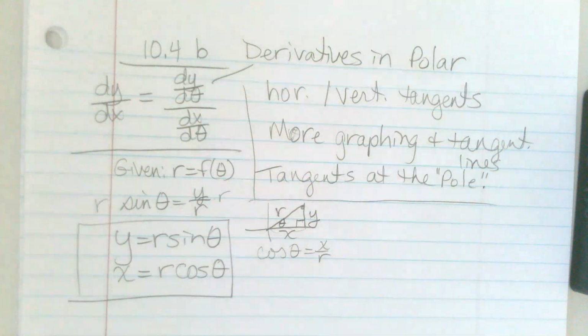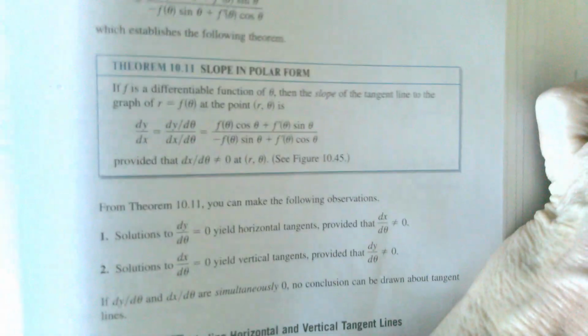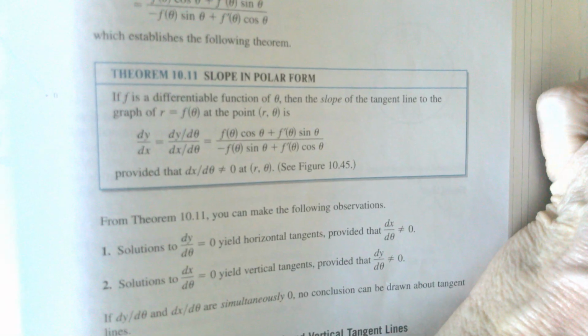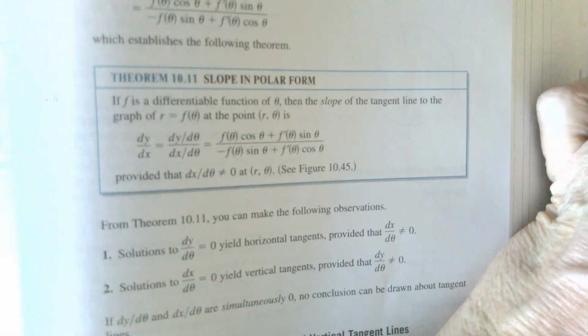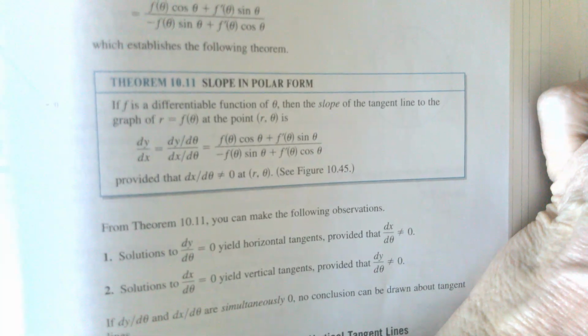Your book wants you to have memorized, which is like the stupidest thing, but look at what they put for dy dx. f of theta cosine theta plus f prime theta. Like, are people literally going to memorize that?